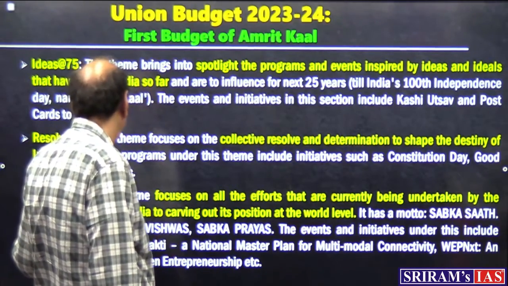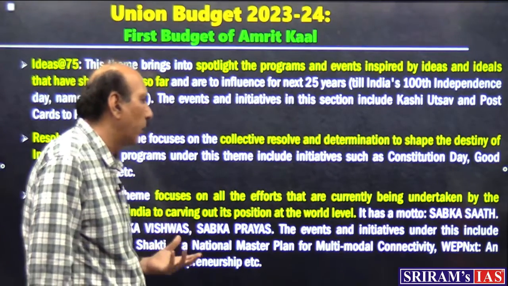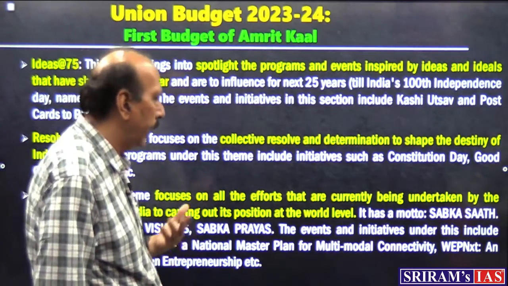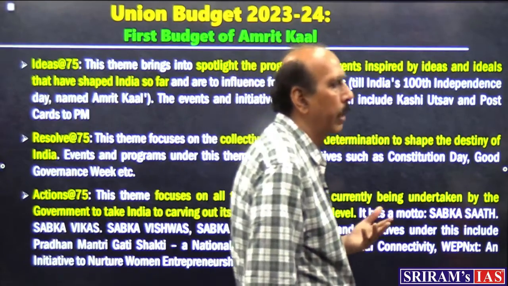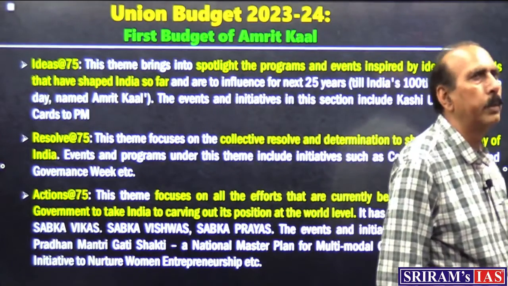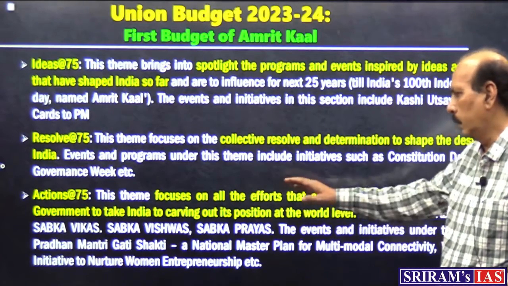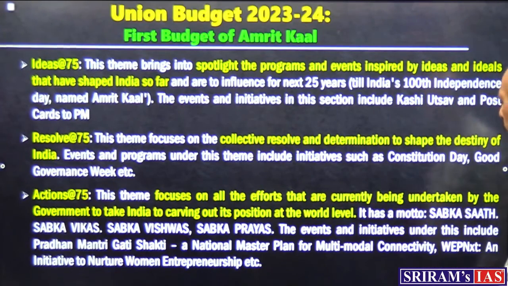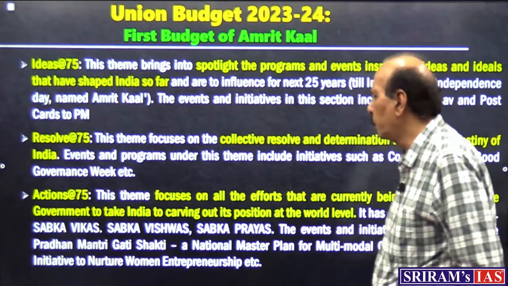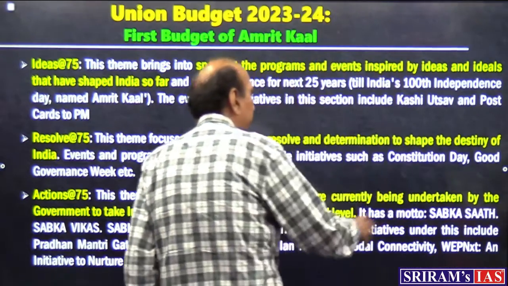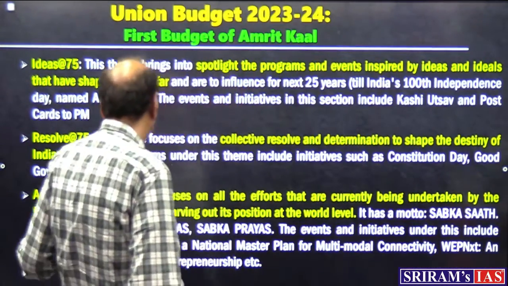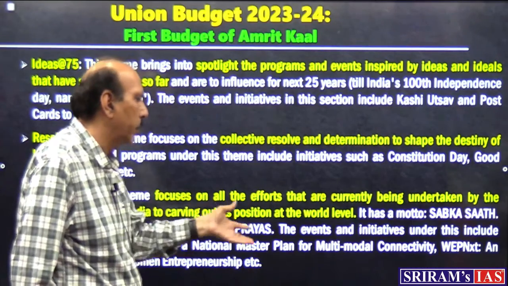What actions at 75? This focus will highlight what actions are being undertaken by the government at the age of 75, and this government is trying to focus on the motto: Sabka Saath, Sabka Vikas, Sabka Vishwas, Sabka Prayas.